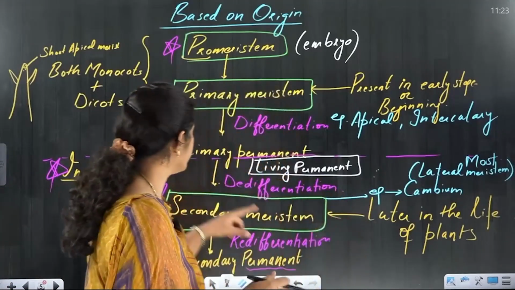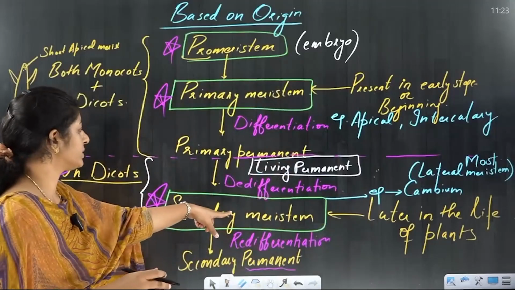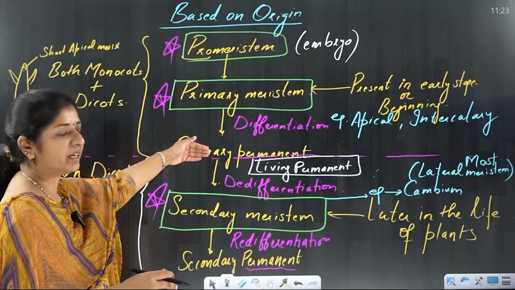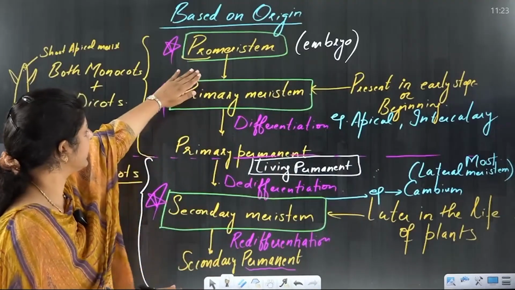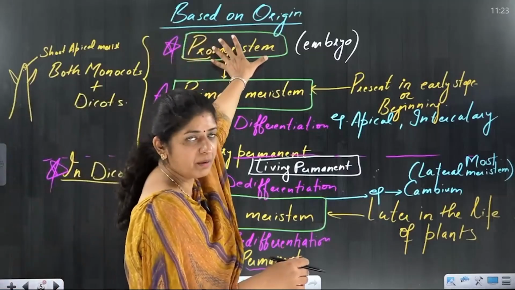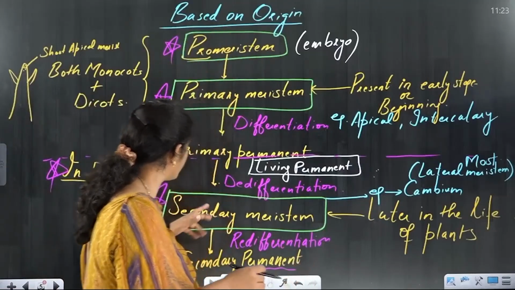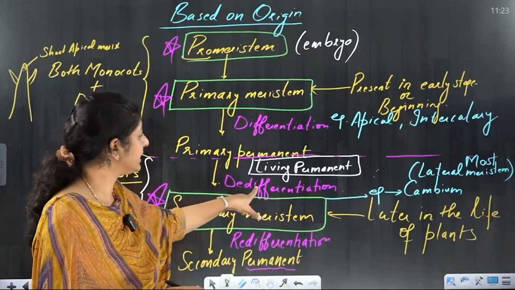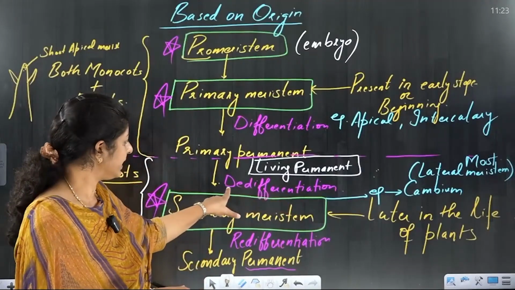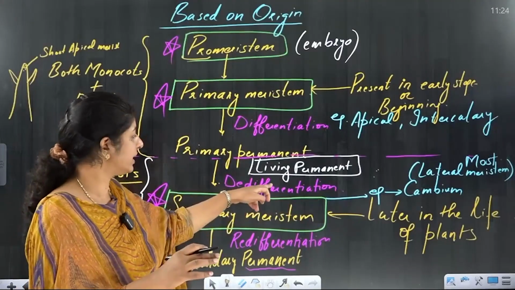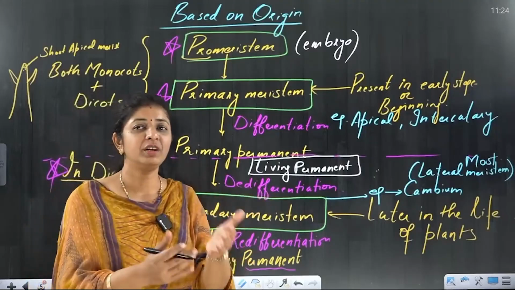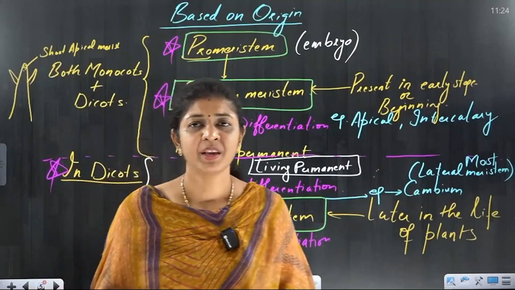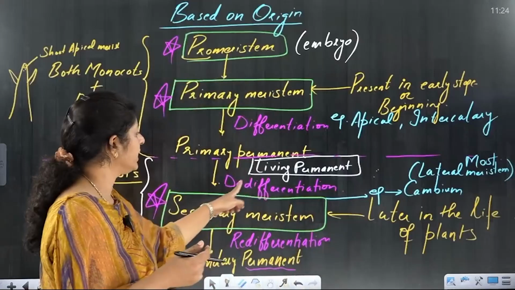So you must know what is the origin of the secondary meristem, that is from primary permanent. Otherwise all cells ultimately are deriving from here. But after some changes, we are getting this secondary meristem, and that you call it as de-differentiation. D here means without speciality. Now this cell that had become special, again starts dividing, that you call it as what?